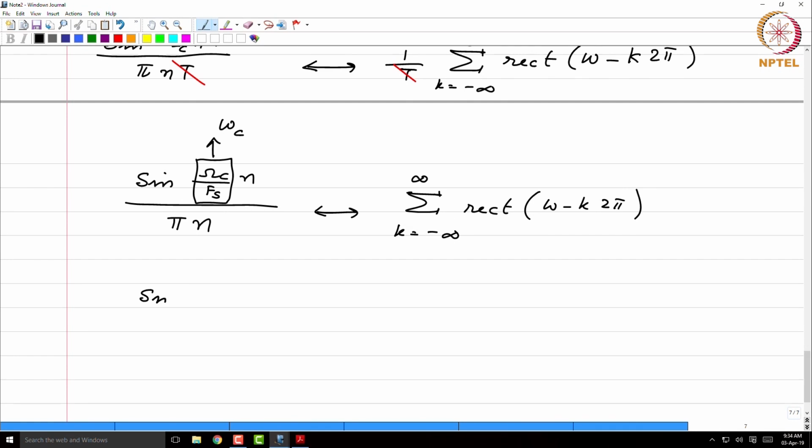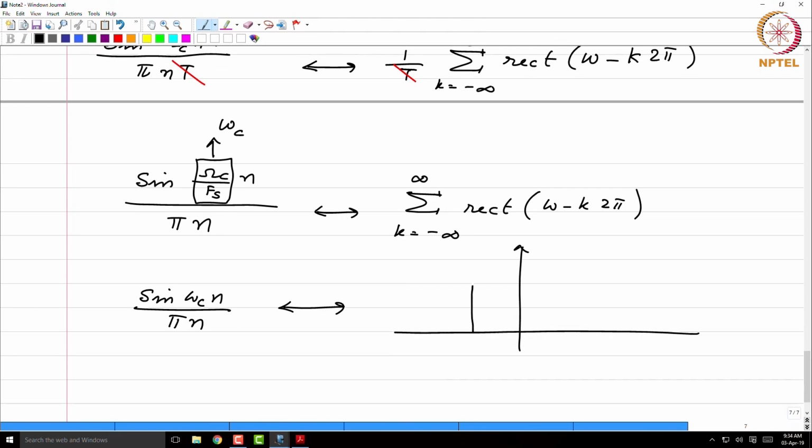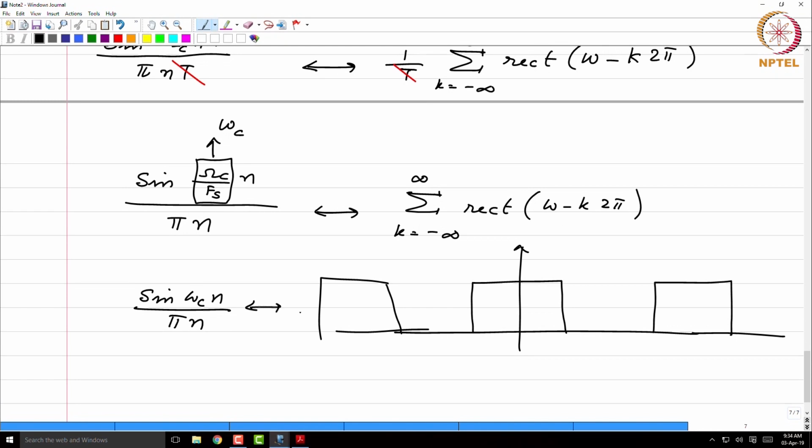Therefore, sin(ωc n)/(π n) has a DTFT that is periodically repeating with cutoff little ωc. Little ωc is nothing but Ωc by Fs. So, again this gives us back our familiar transform pair. We know that sin(ωc n)/(π n) is the ideal low pass filter in the discrete time domain.